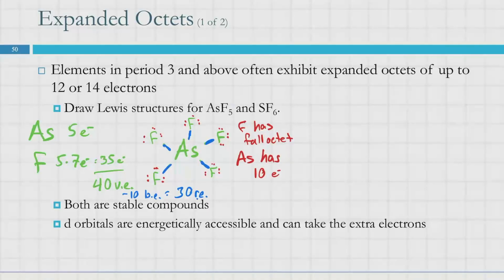We could do the same thing with SF6. With SF6, it would be sulfur in the middle, and we would have fluorines around it. I'm going to skip all of the counting.